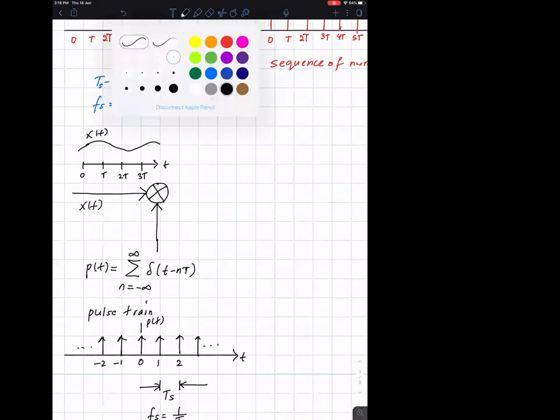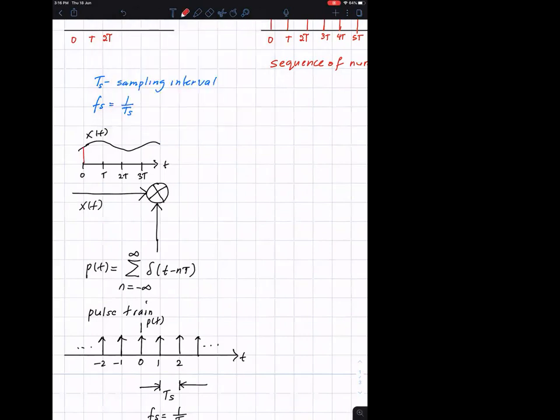You're going to be sampling the signal, and so on. The output is going to be a sampled signal, xp(t). The input signal is x(t), the pulse train is p(t), and the sampled signal is xp(t).